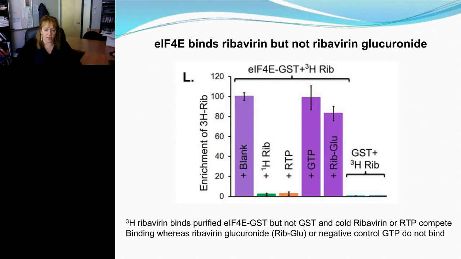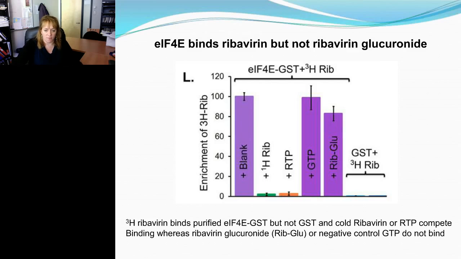What we can see here is asking the question, well, if ribavirin is glucuronidated, does it indeed affect the ability of 4E to bind ribavirin? And so in this experiment, we've taken purified EIF4E GST, and we've taken pure ribavirin, RTP, GTP, and we purified ribavirin glucuronide.